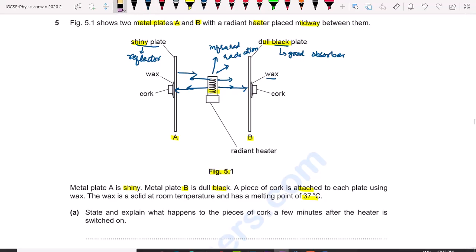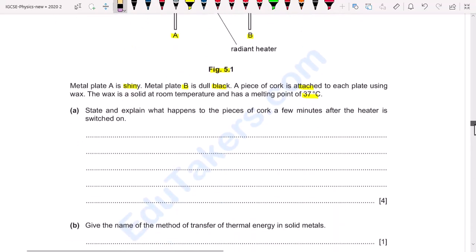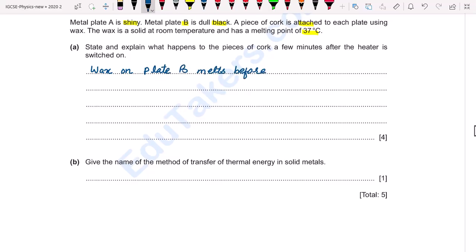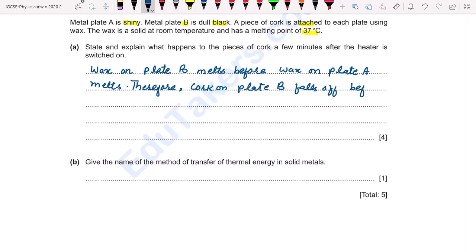So I write here, wax on plate B melts before wax on plate A. Therefore, cork on plate B falls off before plate A because black surface is a good absorber and shiny surface is a good reflector.